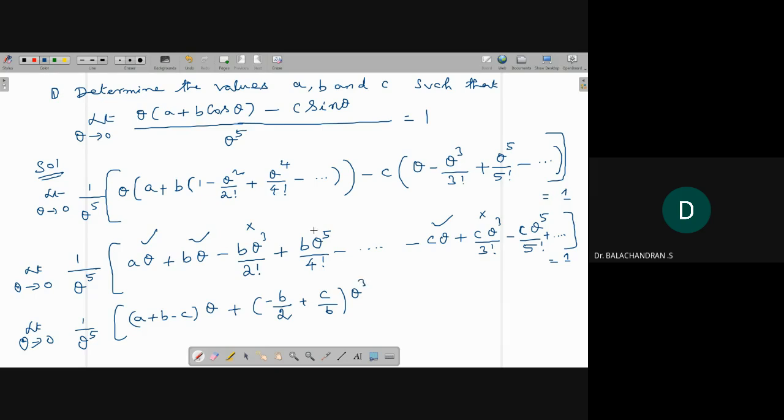Theta power 5: plus B by 4 factorial, which is 24, so B by 24, minus C by 5 factorial, which is 120, into theta power 5. And then plus higher powers of theta, theta power 7, theta power 9, and so on, which is equal to 1.